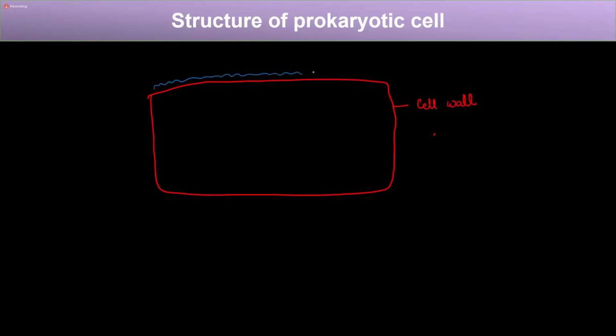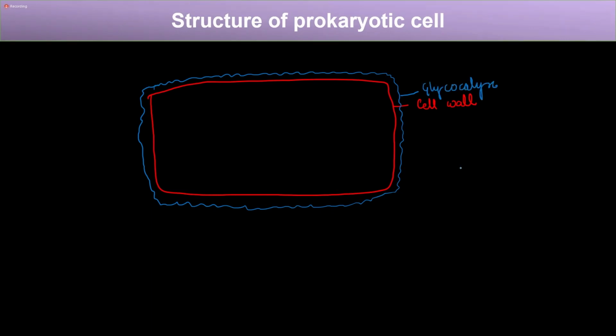Then the bacteria has an outermost layer which looks something like this. This outermost layer is known as glycocalyx.